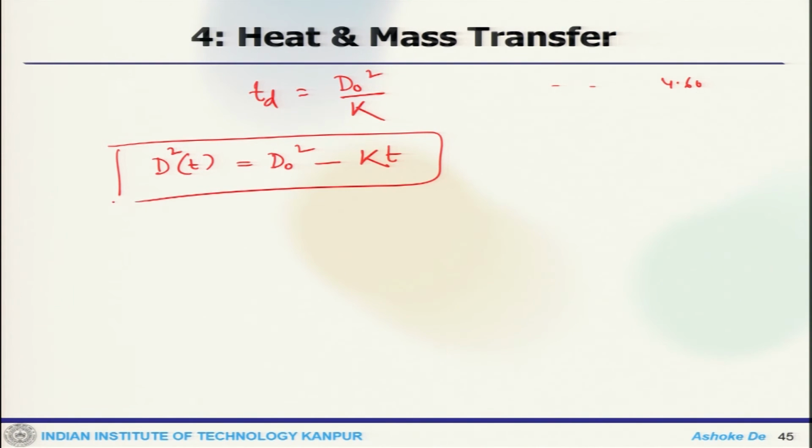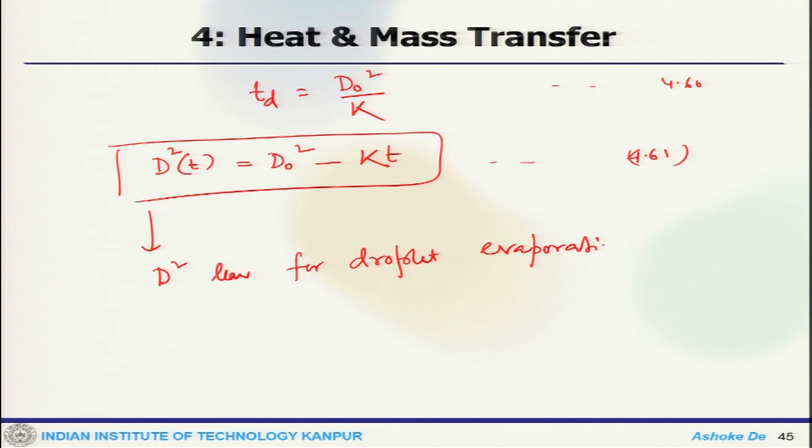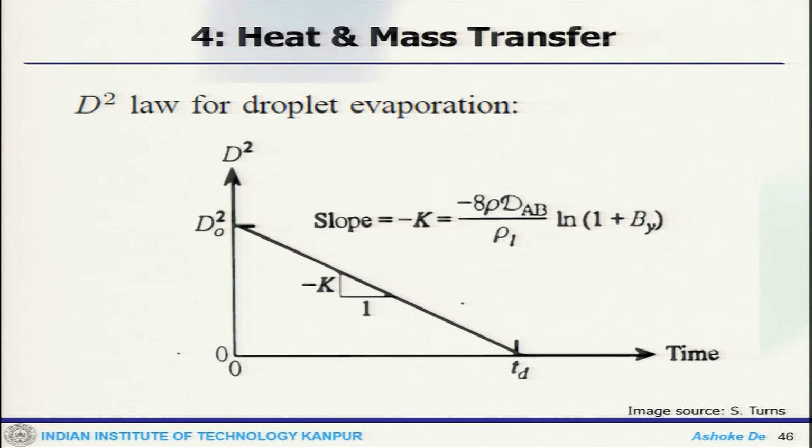This is a more generic expression, and it is commonly referred to as the d squared law for droplet evaporation, which in two phase flow is a very well known equation.